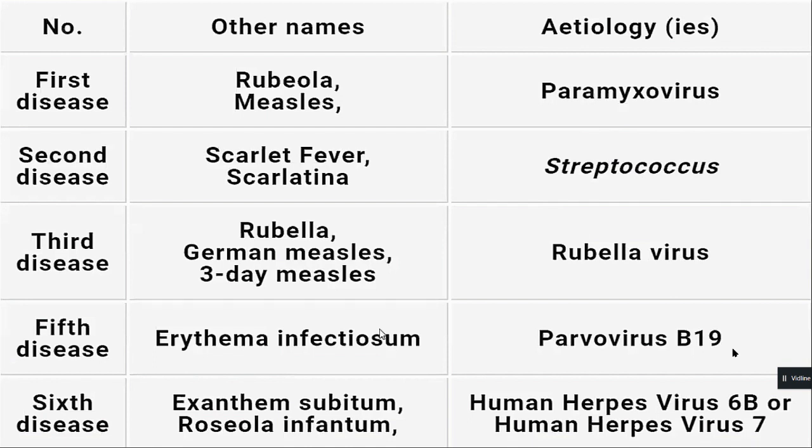Fifth disease or erythema infectiosum, so parvovirus B19. And also you have to be familiar with the number. Sometimes they can give you parvovirus B19, B16, and so on. So you have to be familiar with the exact number. Sixth disease, exanthem subitum or roseola infantum. So it's human herpesvirus 6B or human herpesvirus 7. And also again, you have to be familiar with the exact number.